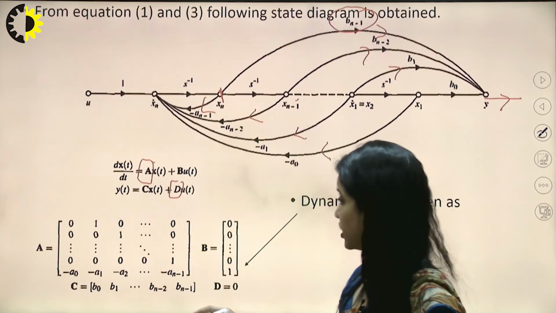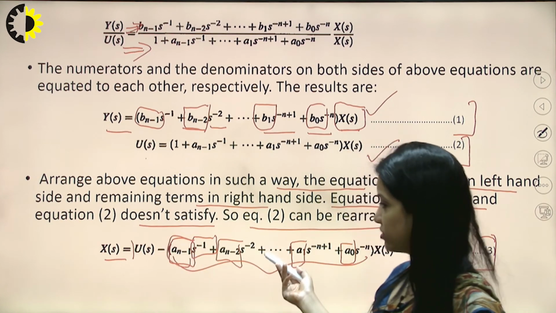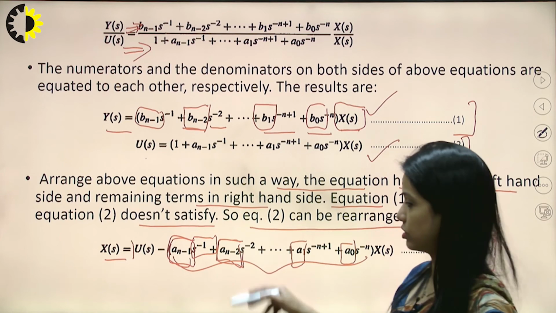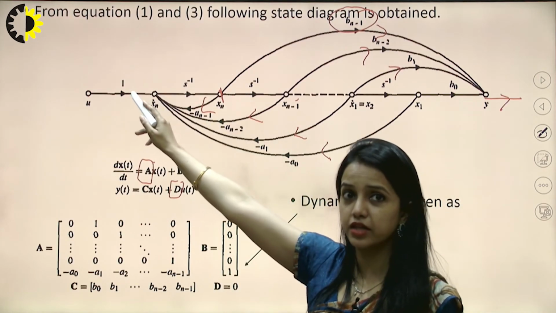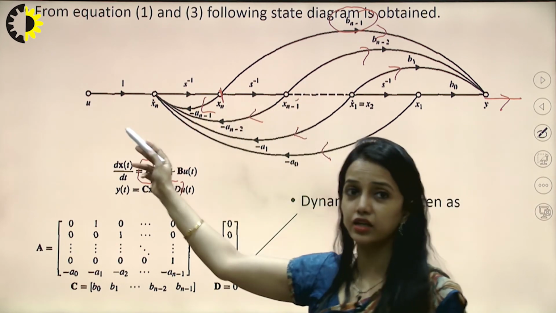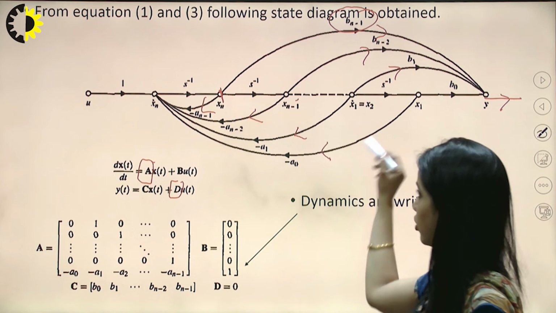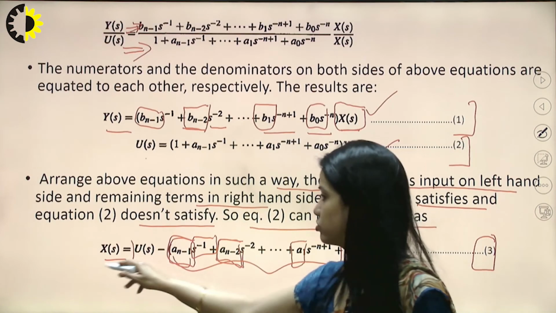So one differential vector means I have to consider this term. Second differential term means I have to consider this term. For the first differential term, I am considering just the first term, minus a n minus 1. Second differential term means minus a n minus 2. And then adding all the feedback branches, we have the second equation, which is this one.